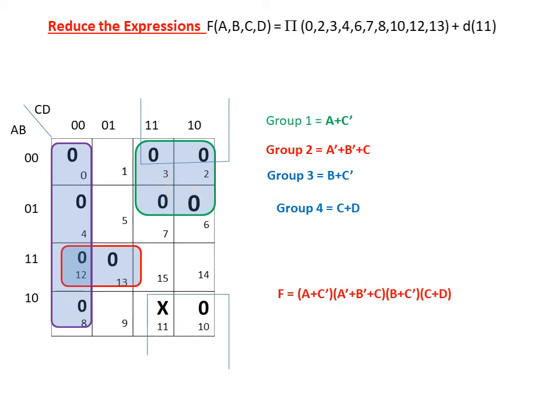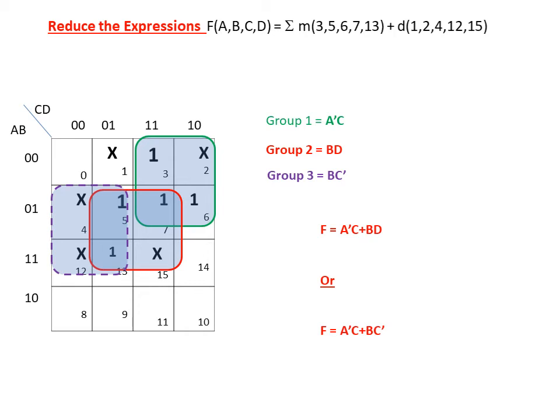This is another 4-cell grouping. And the answer for this one is C plus D, and here A bar plus B bar plus C bar, and for this one the answer is B plus C bar, and for here the answer is A plus C bar.